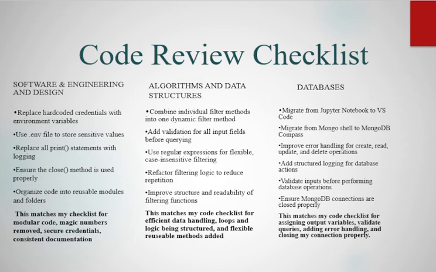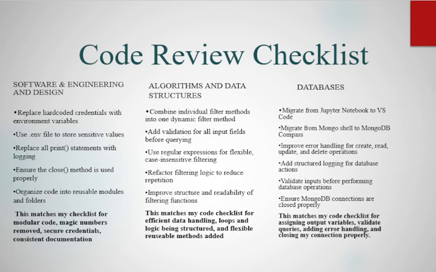For my databases, I will migrate from Jupyter Notebook to Visual Studio Code, migrate from Mongo Shell to MongoDB Compass, improve error handling for create, read, update, and delete operations, add structured logging for database actions, validate input before performing database operations, and ensure MongoDB connections are closed properly.